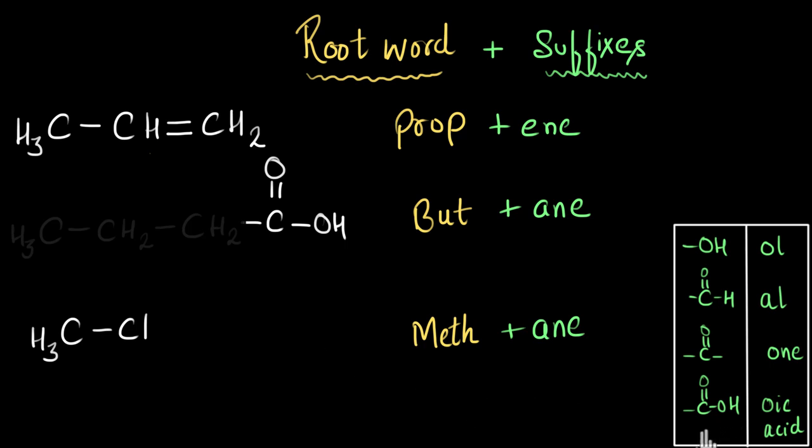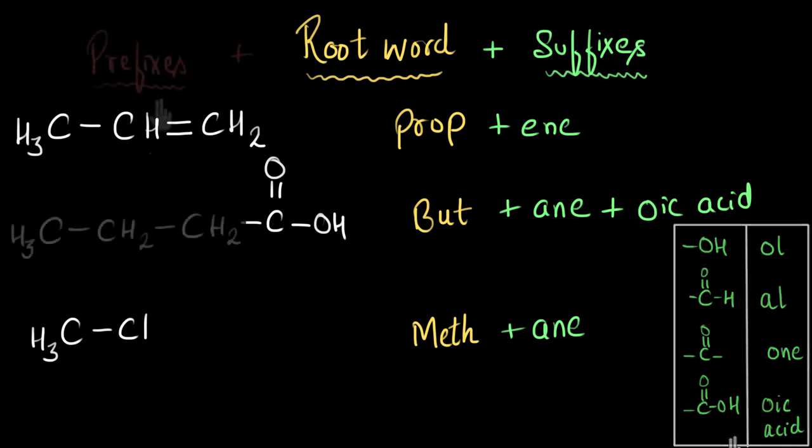If you can see over here, this is the carboxylic acid functional group. And to denote its presence, we add the suffix oic acid. So let me do that. Oic acid. Okay. Now, if you look at the last example, over here also I do not see any oxygen present. So none of these functional groups will be present over here.